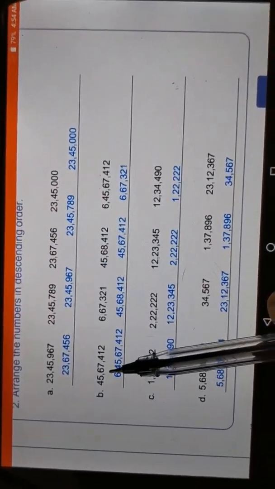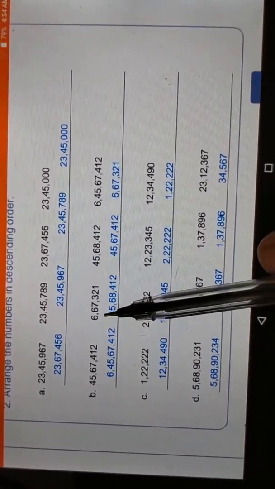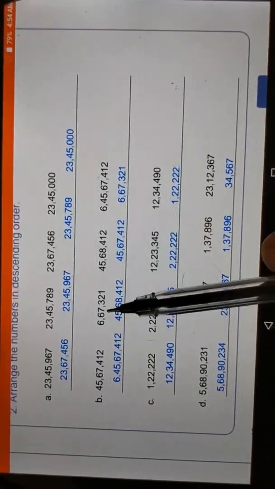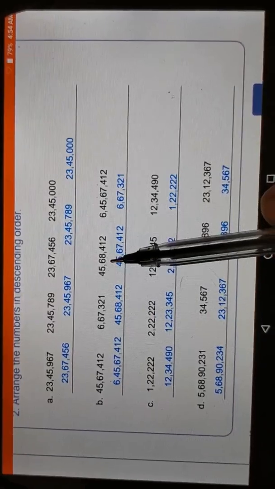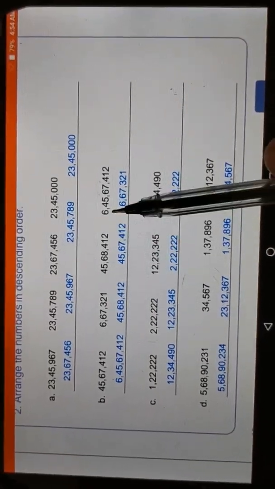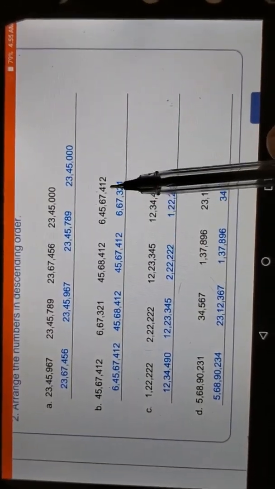Then 45 lakhs 67,412, 6 lakhs 67,321, 45 lakhs 68,412, 6 crore 45 lakhs 37,412.